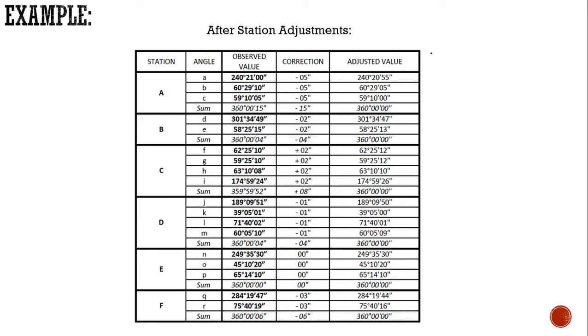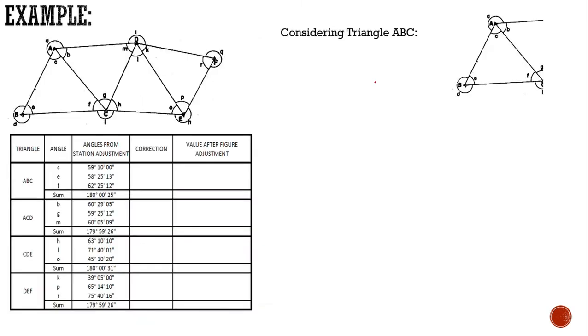But we are not yet done with our problem. We still have to adjust the chain of triangles by the figure adjustment. Since we are done with the station adjustment, let's proceed to the figure adjustment.